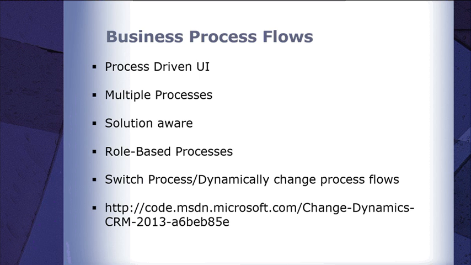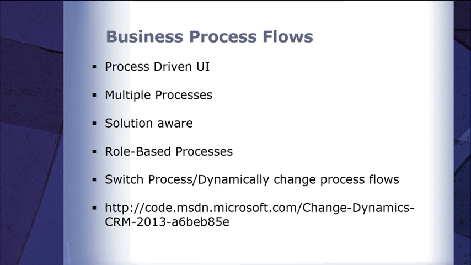So a fellow MVP, Scott Durow, has created a workflow assembly that can be downloaded from the URL mentioned below. It's a solution that he has designed. It's a workflow: you pass the process that you want to move to, and it will automatically transfer.